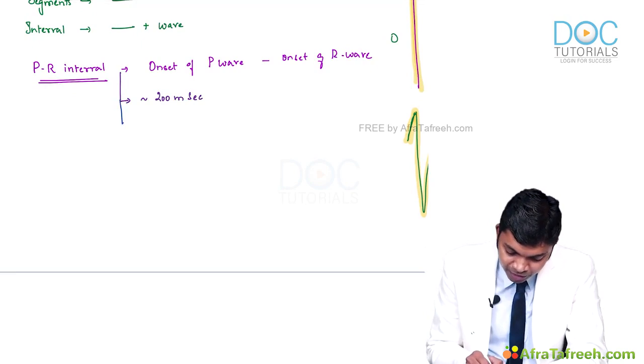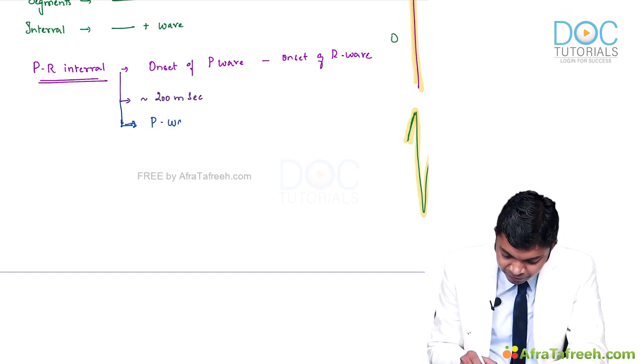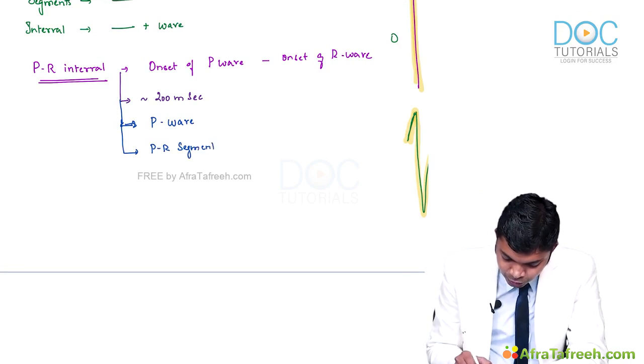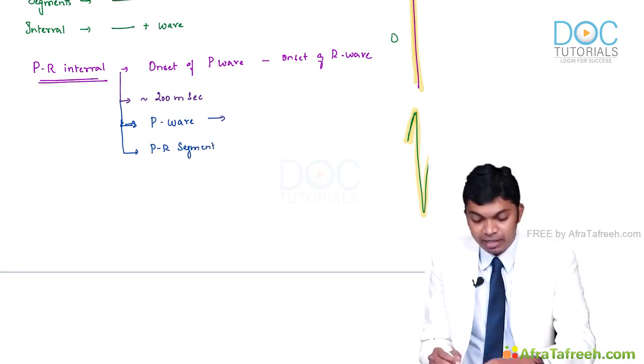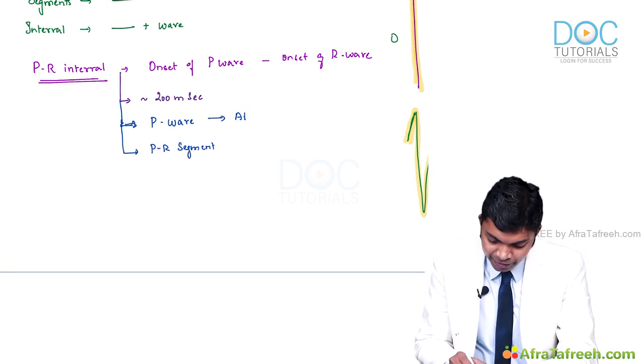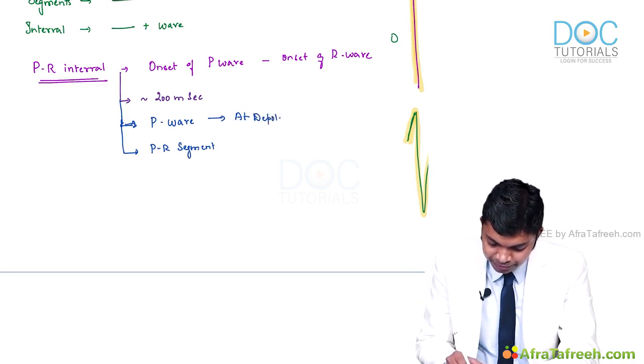What does the PR interval tell you? The PR interval consists of the P wave and the PR segment, isn't it? So together this is the PR interval. The P wave, you guys know, is atrial depolarization.